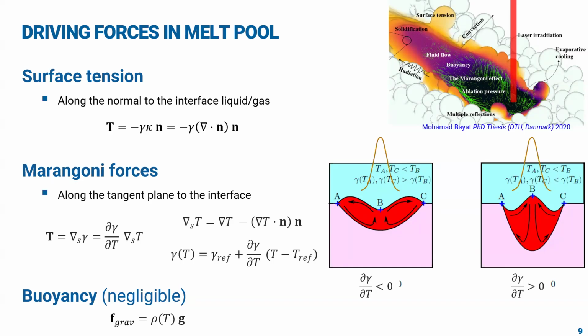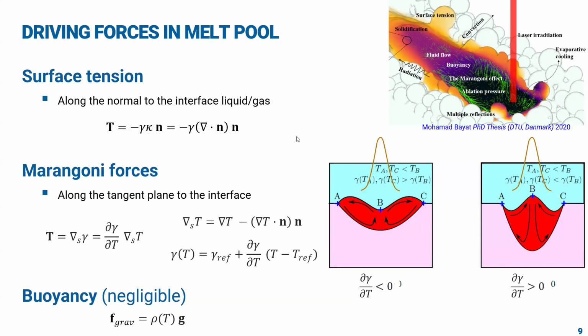But the main driving force is the action of surface tension tangentially to the surface. And that's what we call the Marangoni force. And this is due to the gradient, in fact, of the surface tension along the surface. And this gradient up to a first order is governed by the fact that surface tension is temperature dependent.